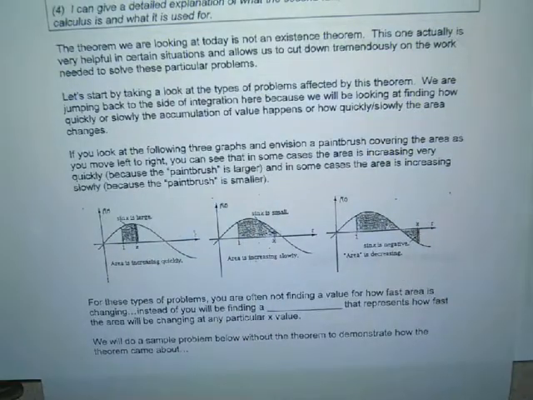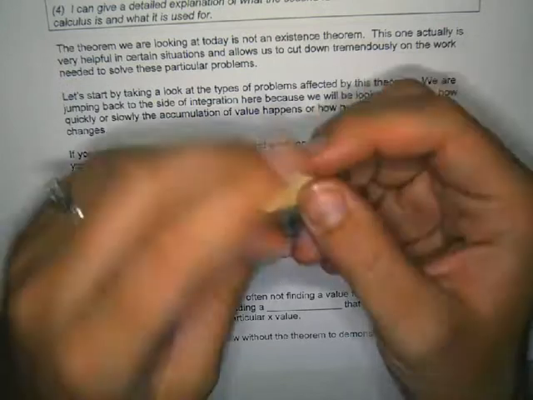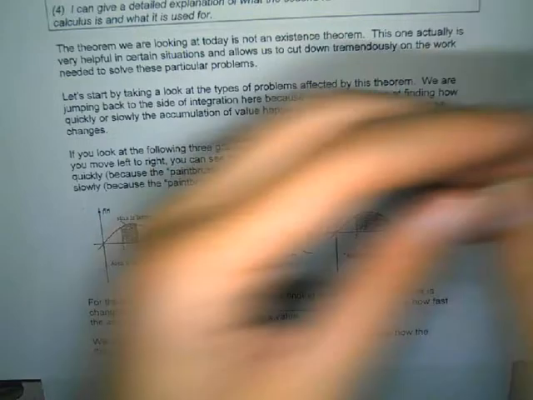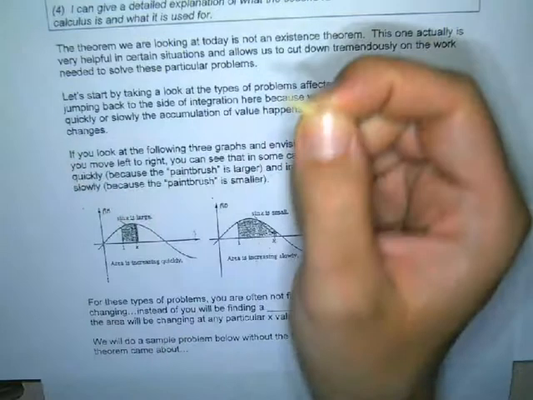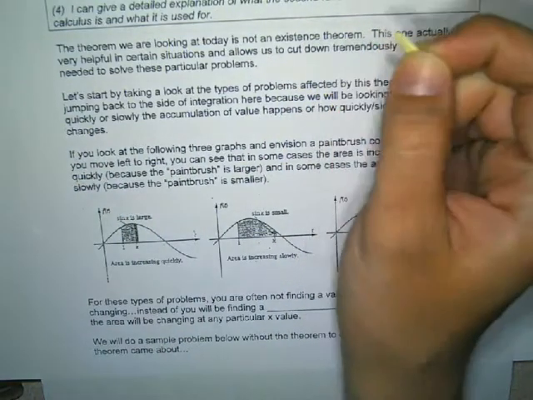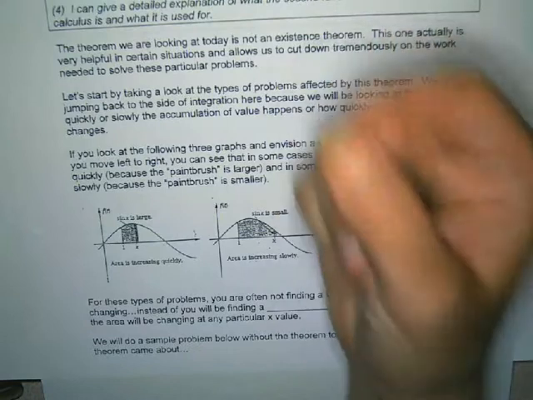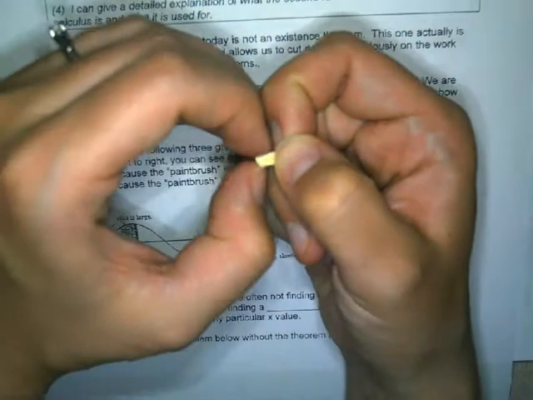If you tried to paint a huge wall with one of those, it wouldn't take you very long, because the rate that you're covering the area is pretty fast since your paintbrush is big. If you used a tiny little baby paintbrush, like one you'd use for very detailed work in art class, it would take you a long time to cover that wall, because the width of your paintbrush isn't very big.